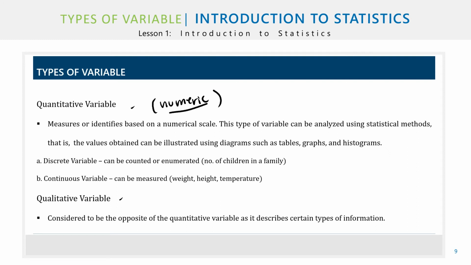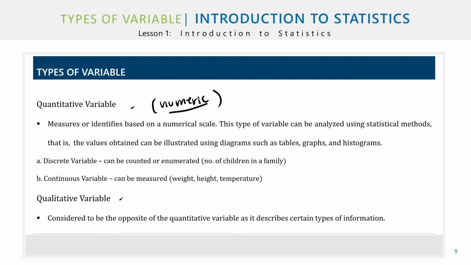So this type of variable can be analyzed using statistical methods and can be shown using diagrams such as tables, graphs, and histograms. Okay, so kapag sinabi natin quantitative variable, we are talking about numerical scale, or we are talking about numeric or numbers.